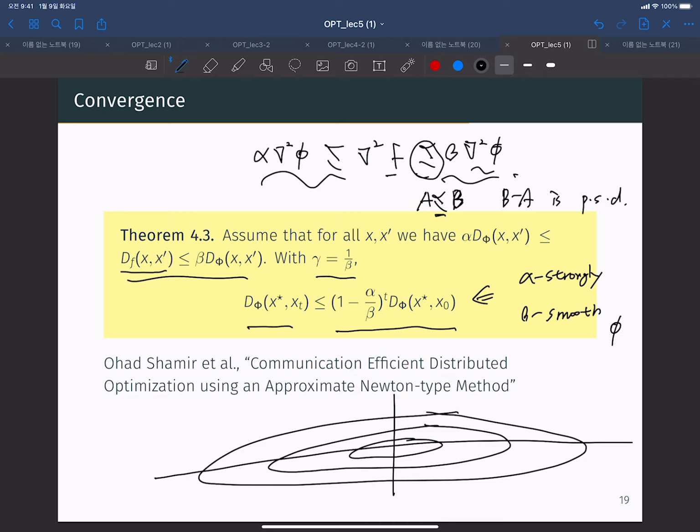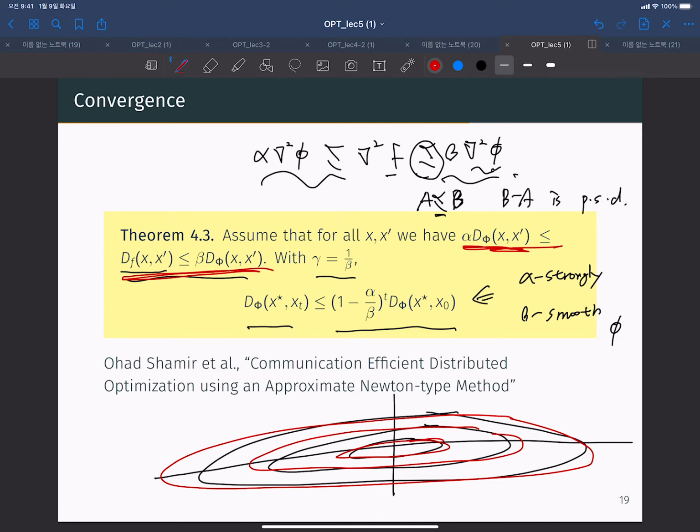But if you use a very nice pi mirror map, so that the pi contour also looks almost the same, then essentially we can make alpha and beta very close, relatively alpha strongly convex and relatively beta smooth. So if we can find a very nice pi function that satisfies this condition, and make alpha and beta close to each other, then we can get very fast convergence.